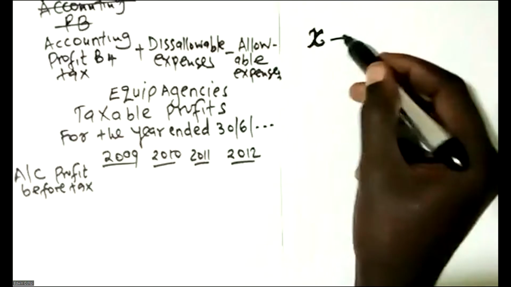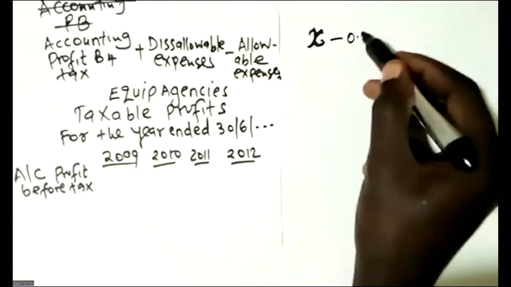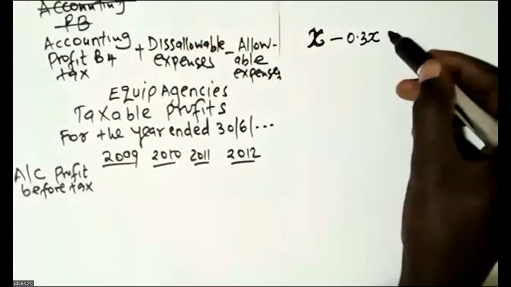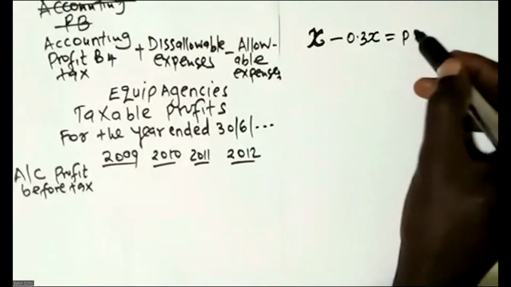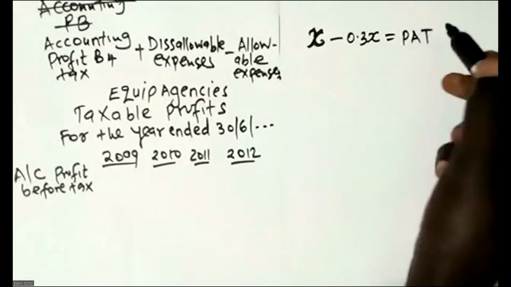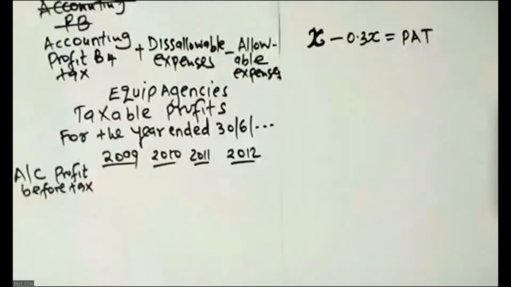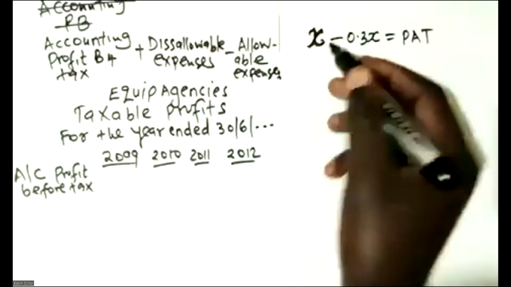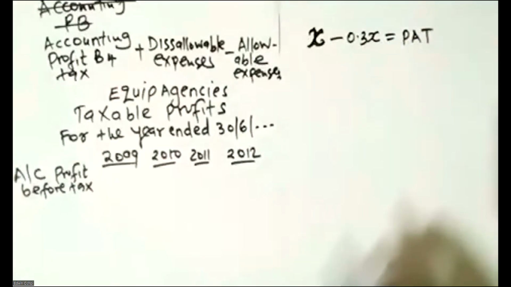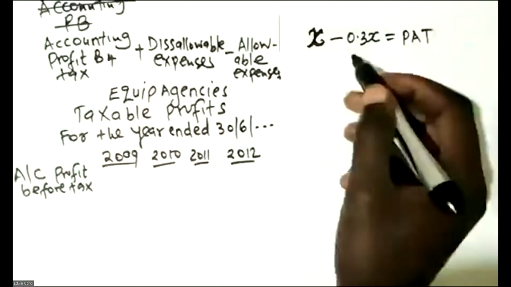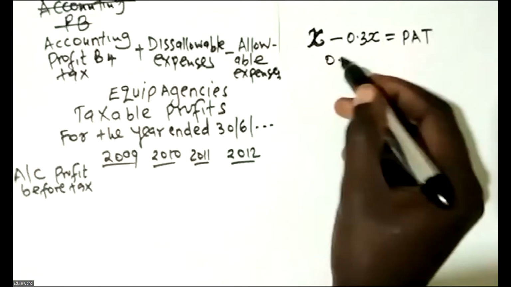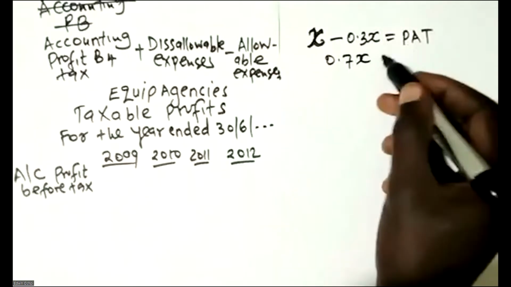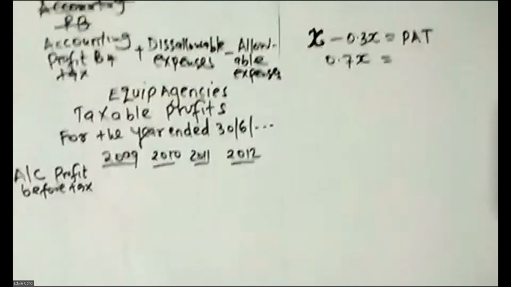If I minus 30%, that is 0.3X, I will be able to get profit after tax. So I'm trying to create an equation. X minus 0.3X is equals to profit after tax, meaning that 0.7X is equals to the answer, which is after tax.